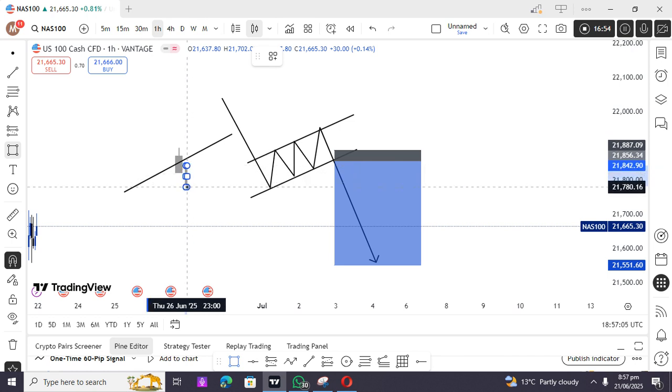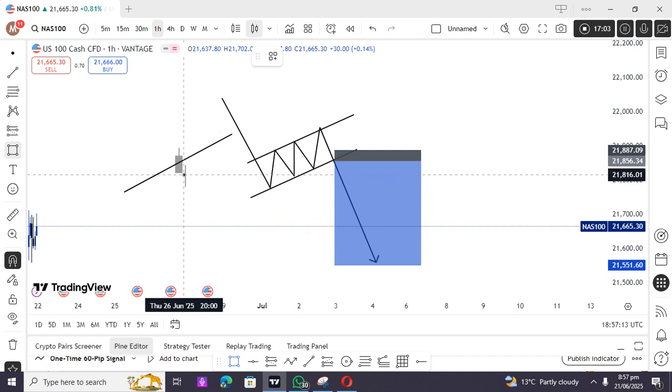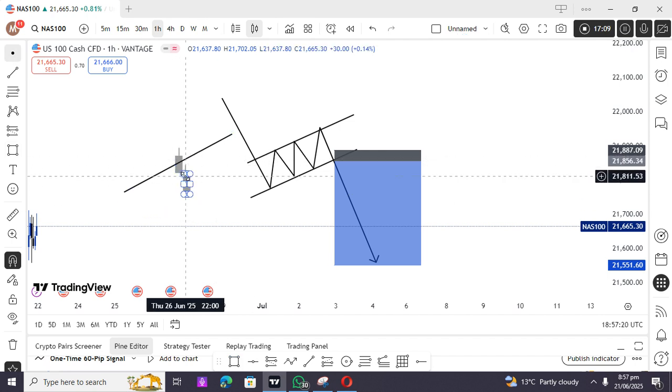Which will show a wick above, maybe closing half of this candle. That will be a good confirmation that okay, we are continuing selling. Understand? After seeing these two things, enter the sells.